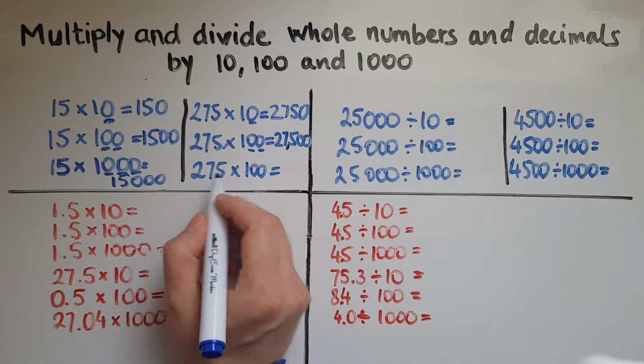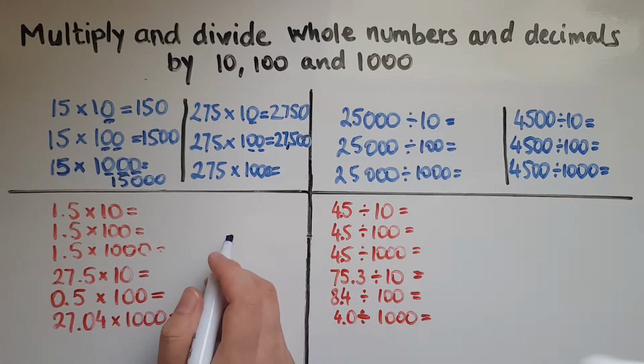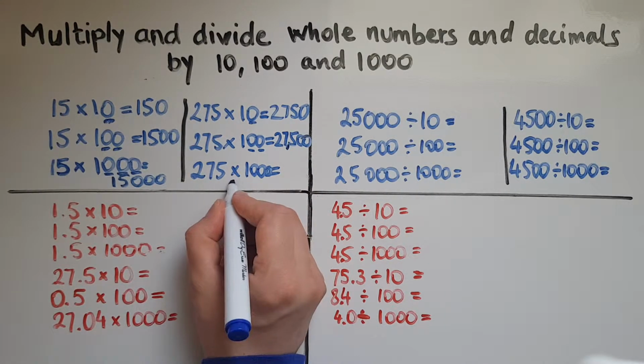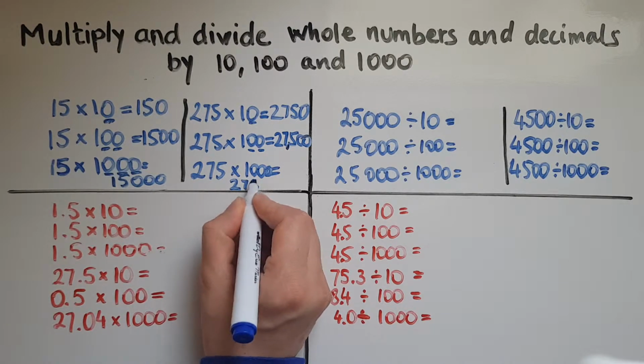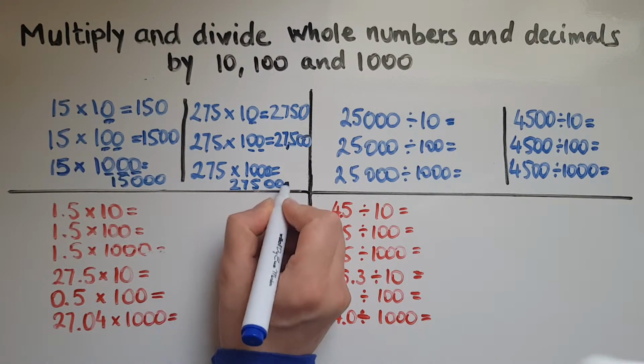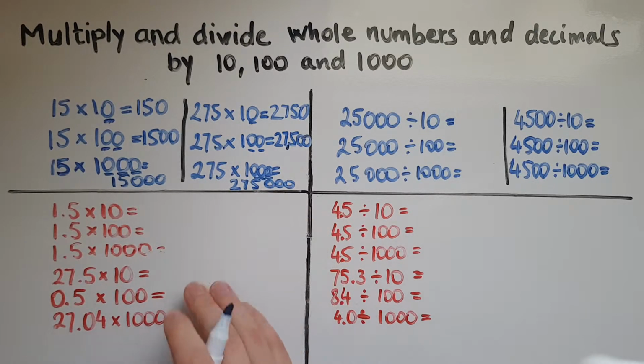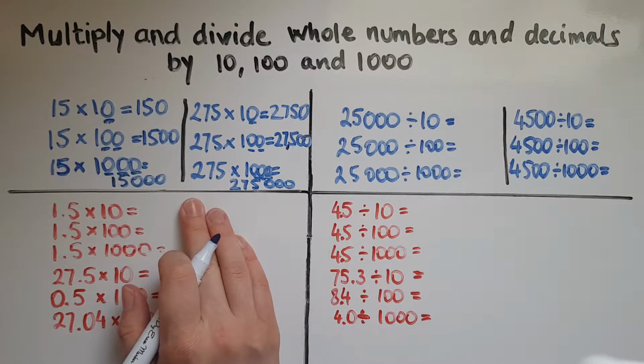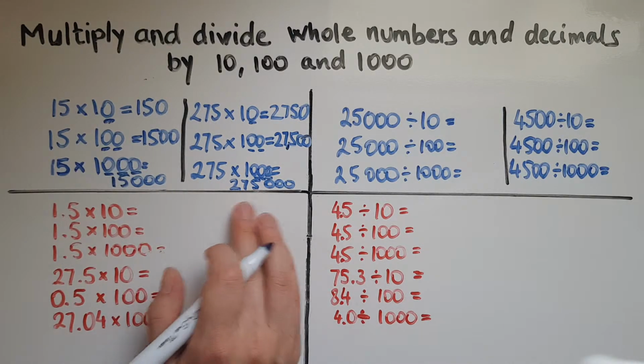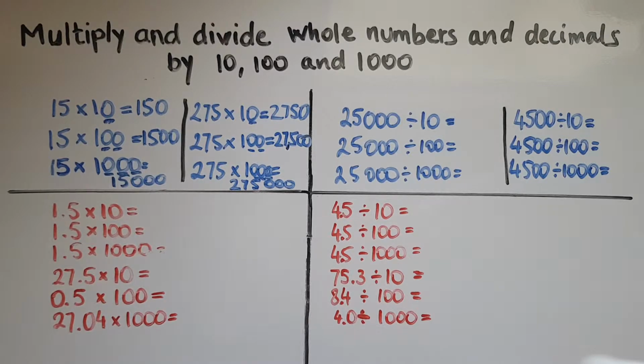Now I've got 275 multiplied by 1,000. So I'll rewrite 275 and add the 3 zeros. So 275 lots of 1,000, that gives us 275,000. And that's what we have as our answer.